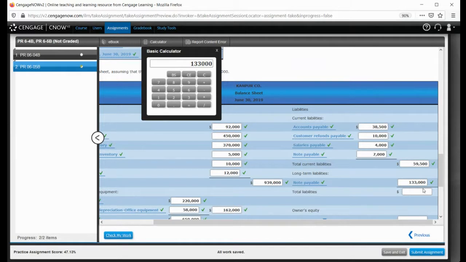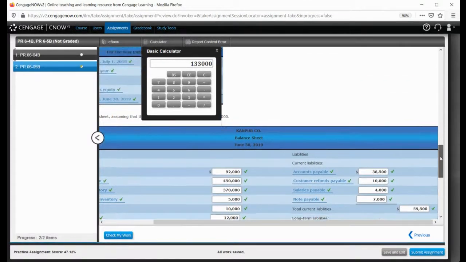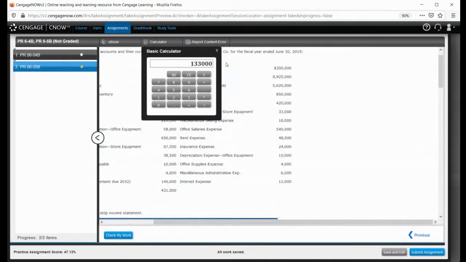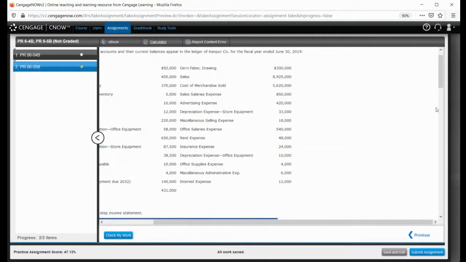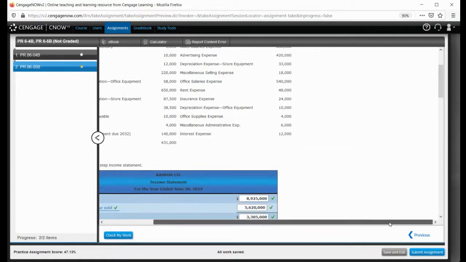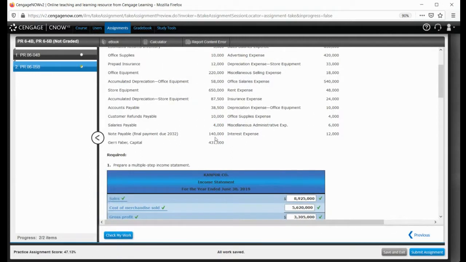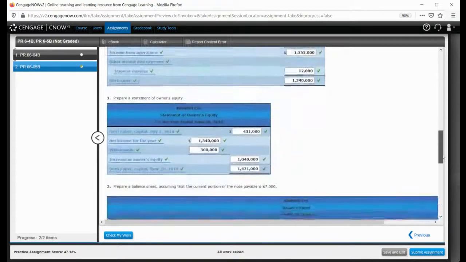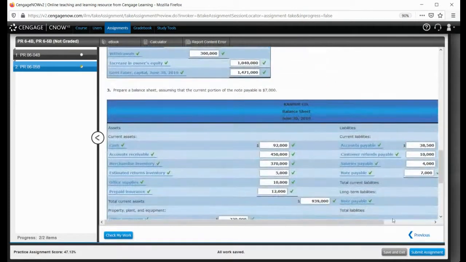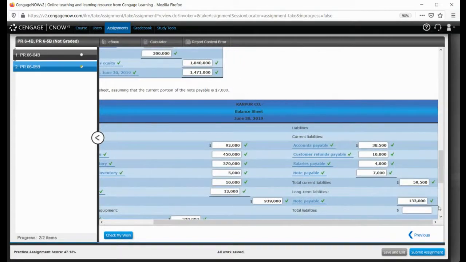So I think that was kind of tricky there. Again, what we did is we had to subtract this 7,000 from the amount of the note payable that was given. So 140,000 minus 7,000 is how we're getting the note payable portion of 133,000.